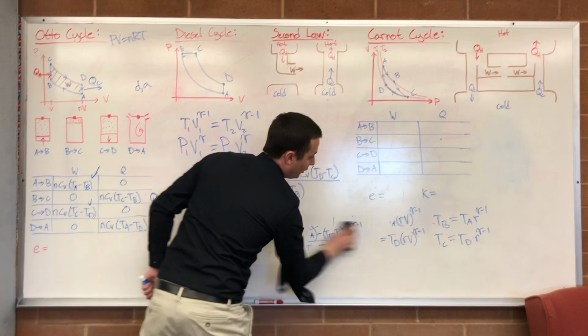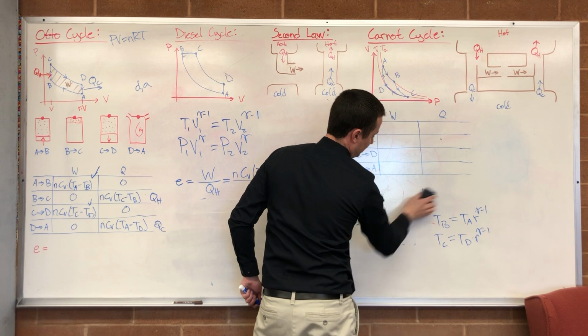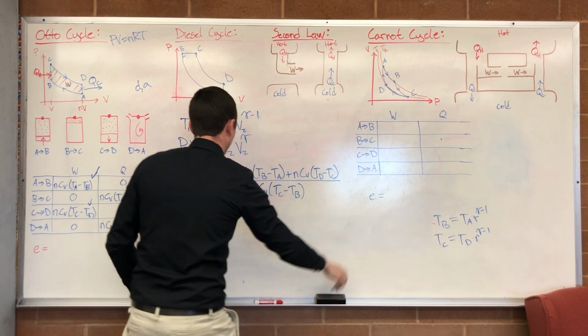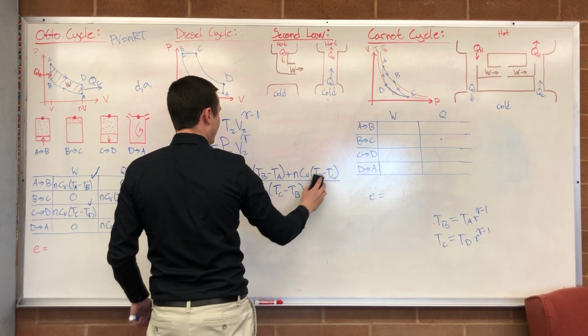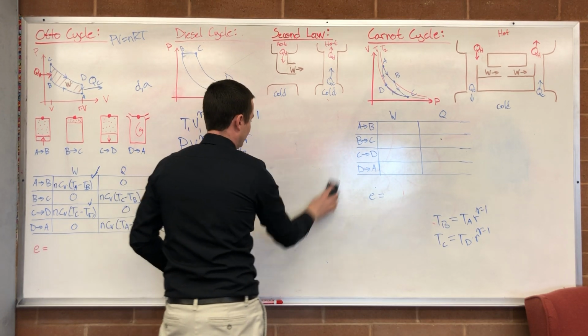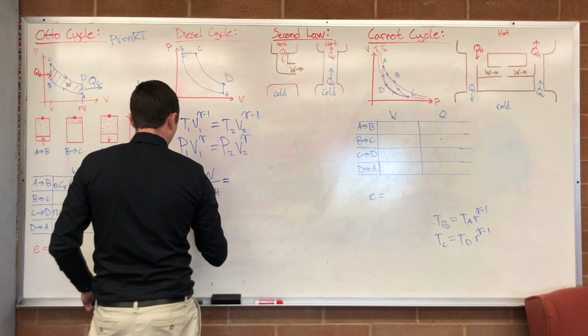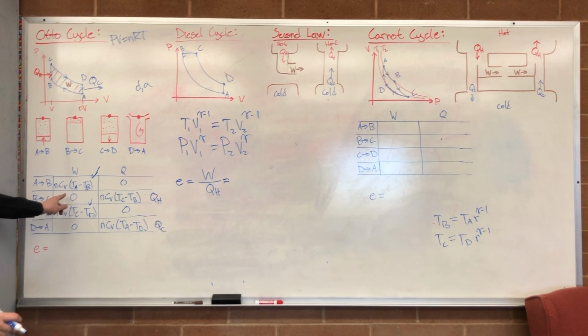Yeah. We have our substitutions right here, so I'll keep those. And we also know that our n Cv's are going to cancel out, so I won't bother with that again. So work is going to be, the n Cv is going to cancel out.